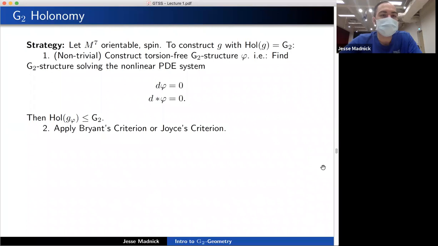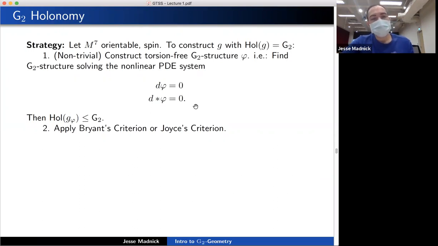So the strategy if you wanted to construct compact manifolds with holonomy equal to G2, or not even compact, just any G2 manifold, is to proceed in these two steps. First, you want to find a torsion-free G2 structure, so a G2 structure solving this nonlinear PDE system.